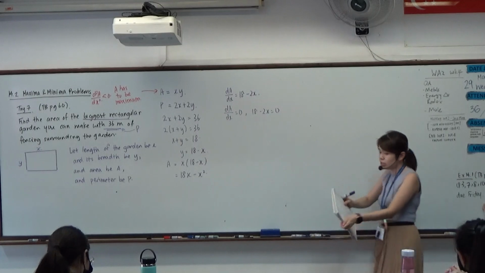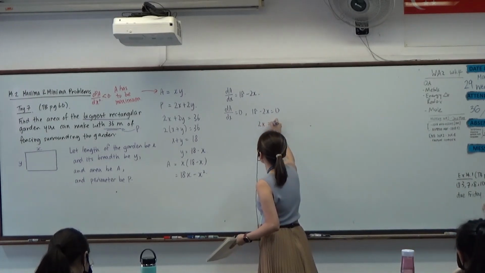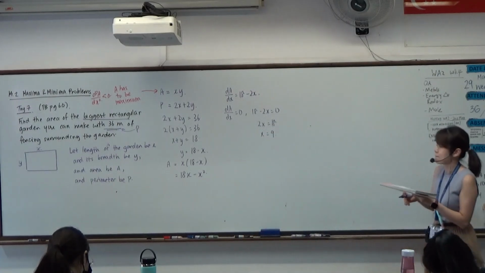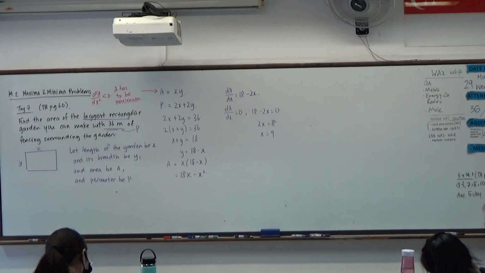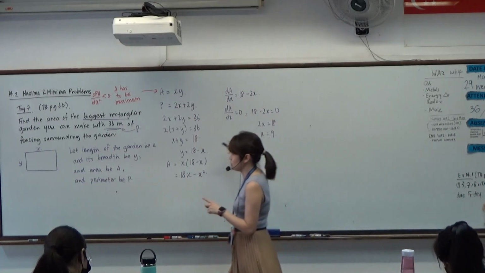We have 18 minus 2x equals 0, and x will be equal to 9. So we get a stationary value when x equals 9.